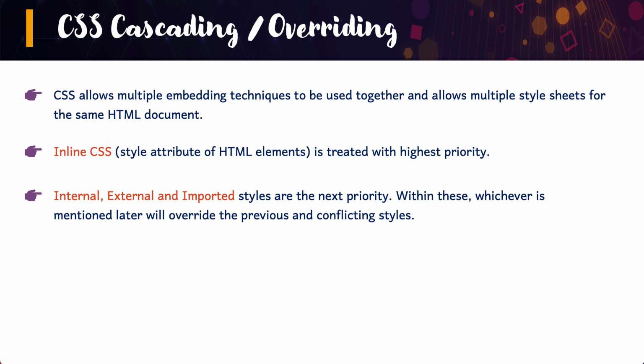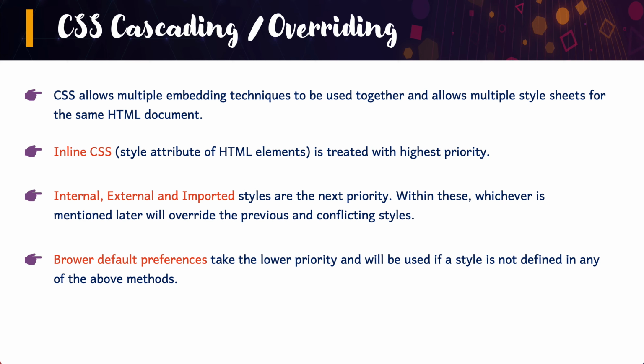Internal is where, if you remember, the CSS is put as is in the head section. External and imported are referring to an external CSS file. Now within these, if more than one of them is available, whichever is mentioned later in the HTML document will have precedence.